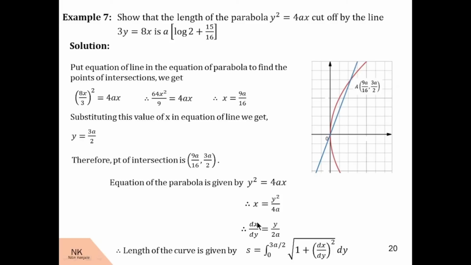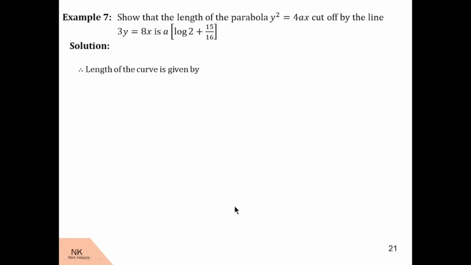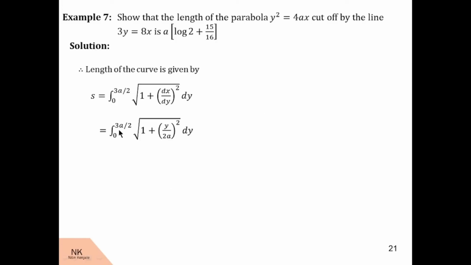Now let's substitute the value of dx by dy into this, that is y by 2a over here. We get the length of the curve s is the integral of under root 1 plus y by 2a square dy over the limit 0 to 3a by 2. Let's simplify this. Then this will become y square upon 4a square.